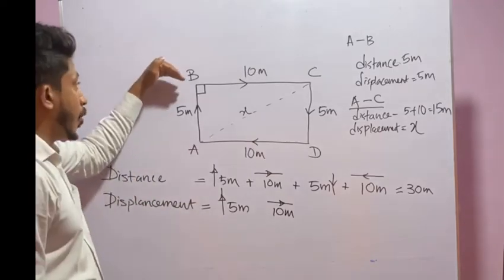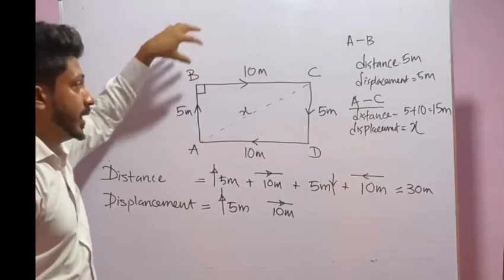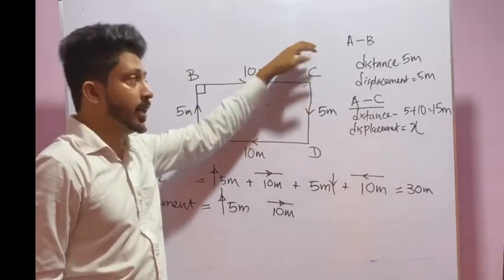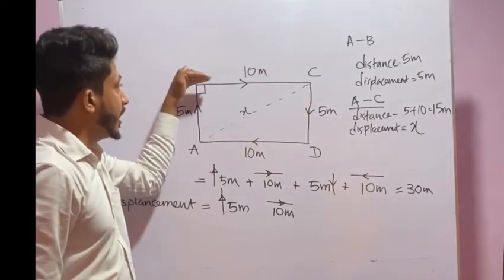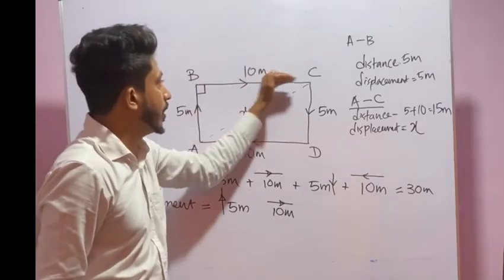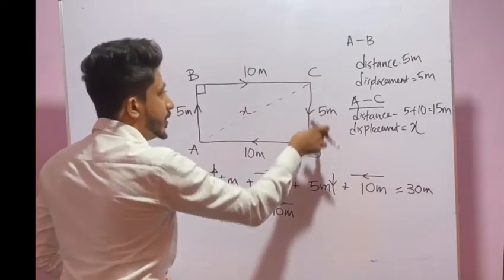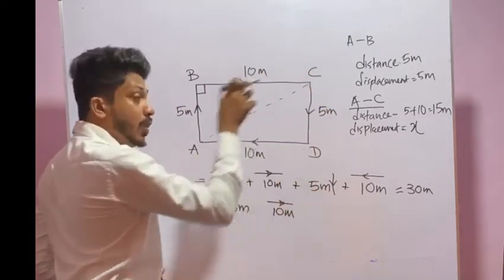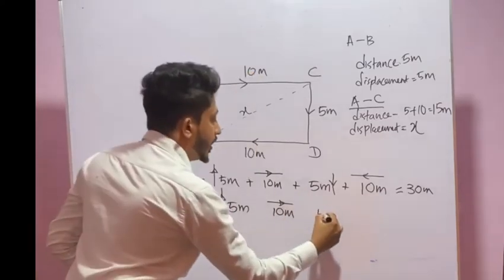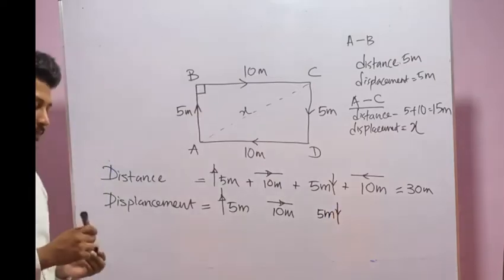If I consider only B to C, start position is B, end position is C. Because of that, the straight line between the start point and this end point is this one. That is 10 meters. Likewise, if I consider only C to D part, my displacement is 5 meters downwards.